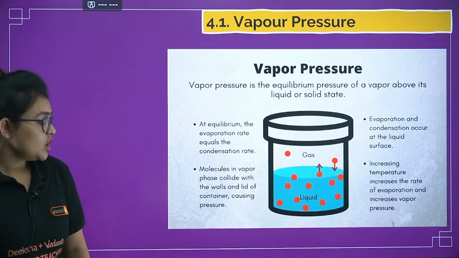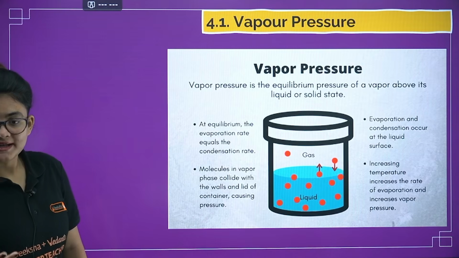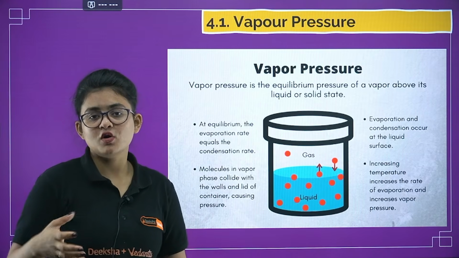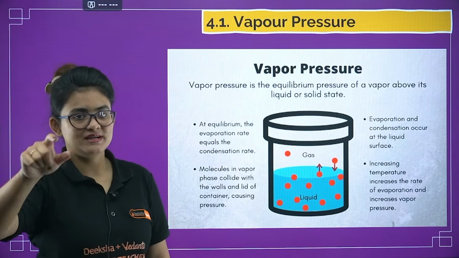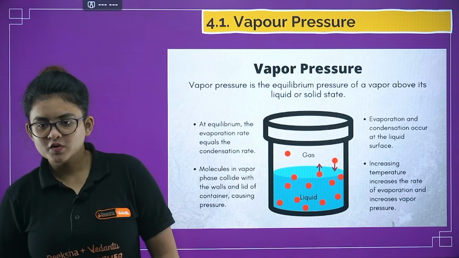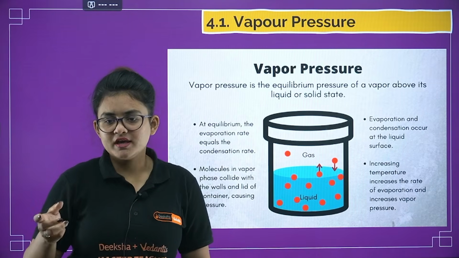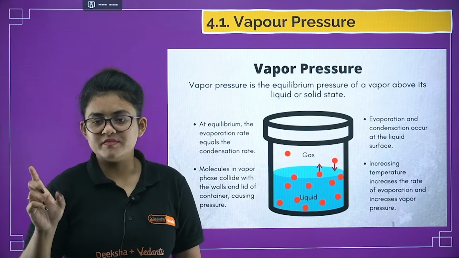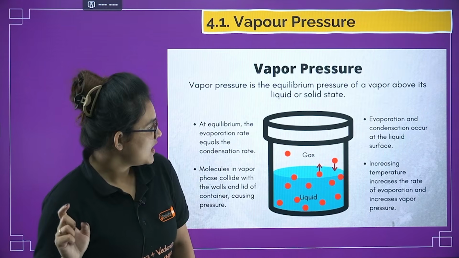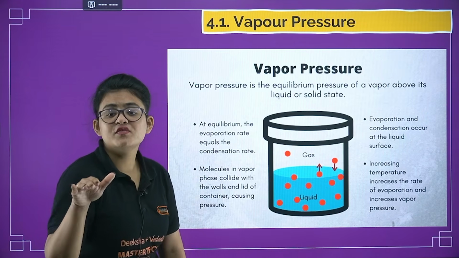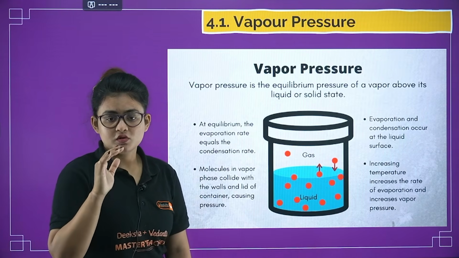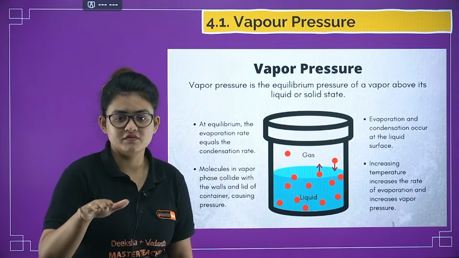That pressure that comes from the collision of the vapors of the liquid is called vapor pressure. Always remember, evaporation and condensation occur at the same rate, and from the surface of the liquid, not from the bulk.